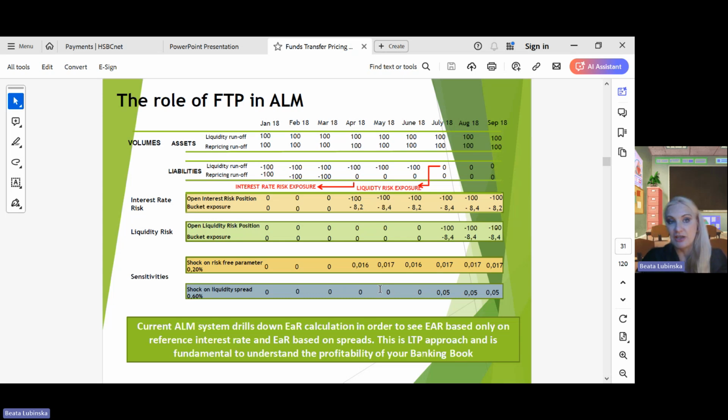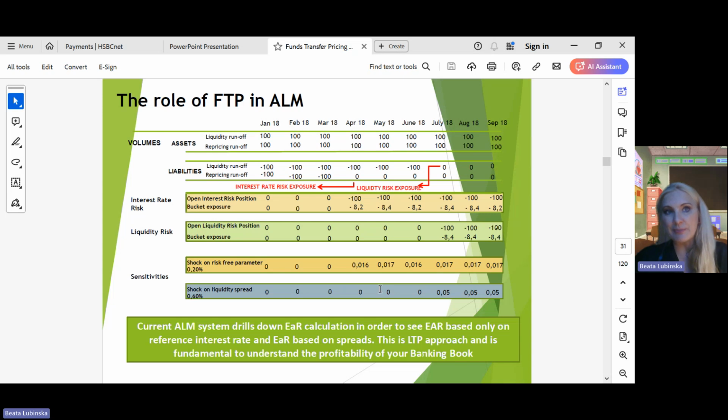And for Treasury, it is important to know what each component is which comes from the FTP rate, because you see what component is driving what exposure, and you also calculate the sensitivity which is coming from those exposures.